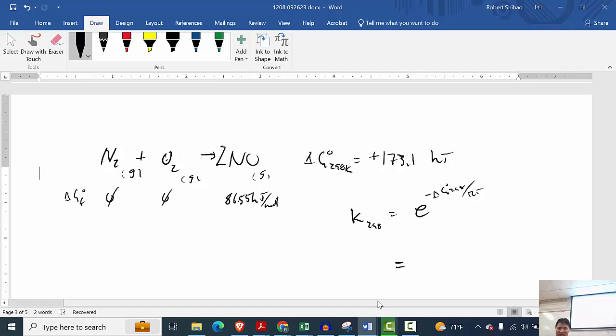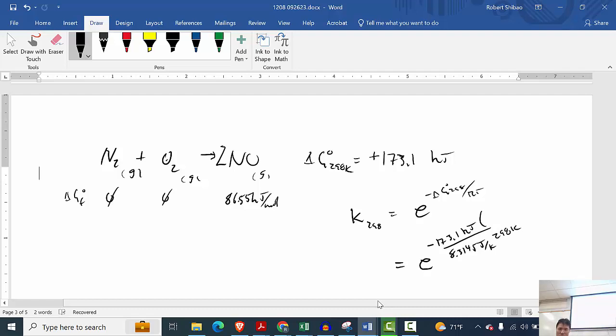So this is going to be minus 173.1 kilojoules divided by R, which is 8.3145 joules per Kelvin, divided by T, which is going to be 298 Kelvin. This is the temperature we're doing this at.